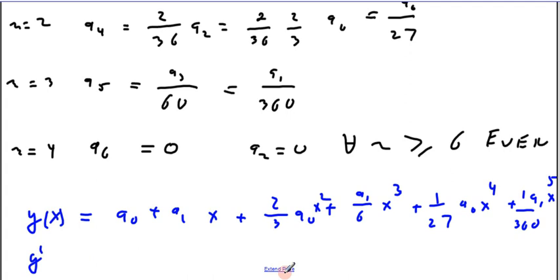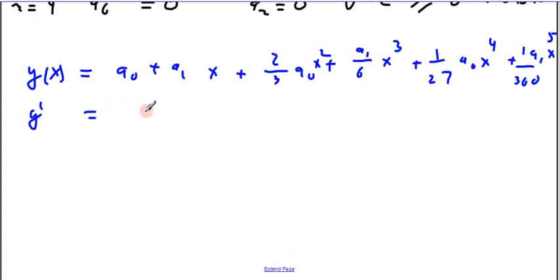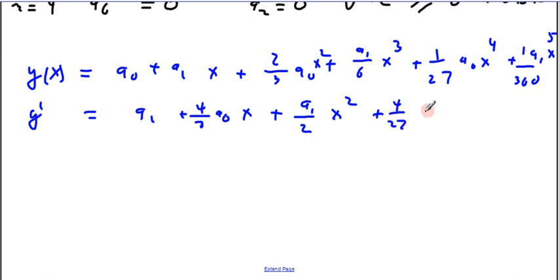And y prime becomes a1 plus 4 over 3 a0 x plus a1 over 2 x squared plus 4 over 27 a0 x cubed plus a1 over 72 x to the 4th.